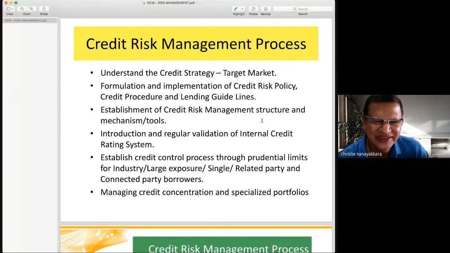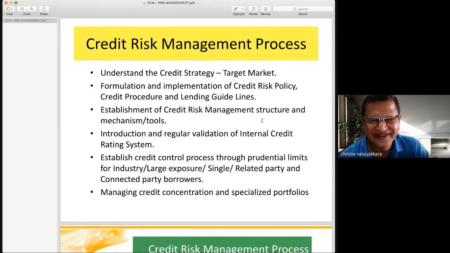But mostly, credit authorization limits will differ from one management staff to the other. So if the branch manager cannot approve this, the next level will be a regional manager. If the regional manager can't approve this, he will refer to the head of credit of that bank.